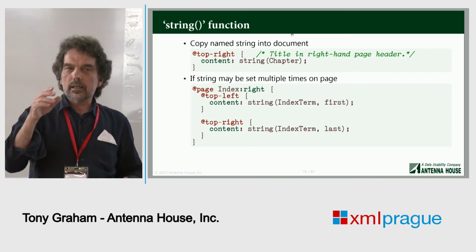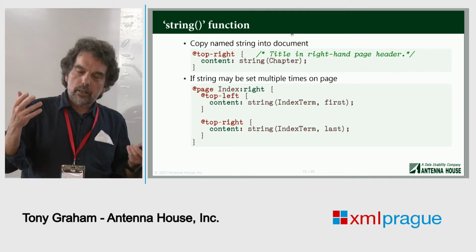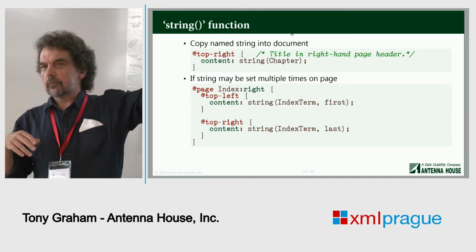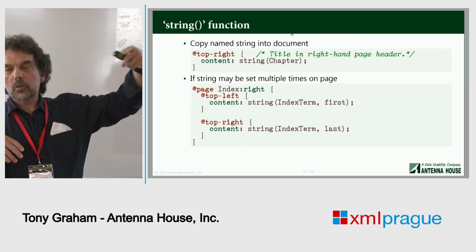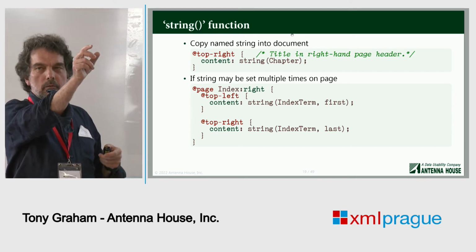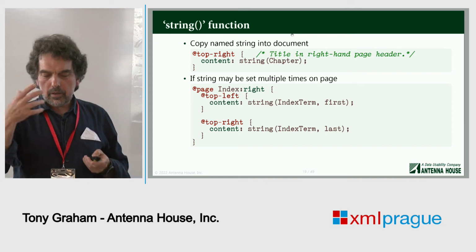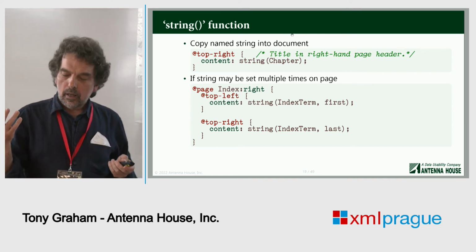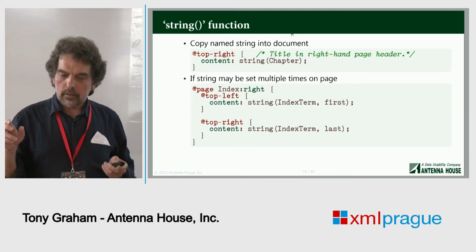The classic case is a dictionary, where, in your classic English dictionary at least, the top left of the header is the first dictionary word that appears on that page, and the top right is the last word, the last definition that appears on that page. So you can do things like that by qualifying string with first or last.